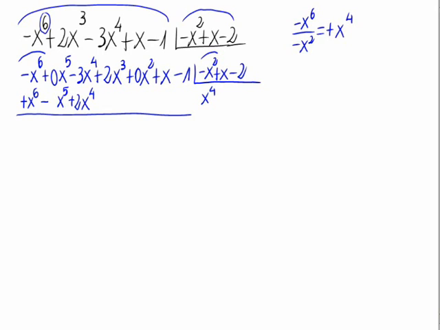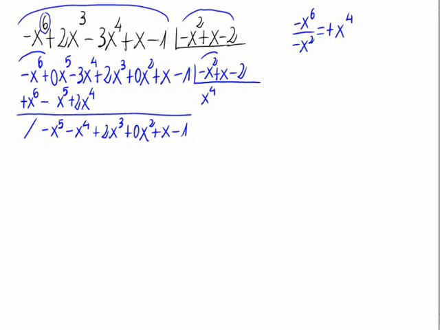Minus x to the 6th plus x to the 6th is 0. 0x to the 5th minus x to the 5th is minus x to the 5th. Minus 3x to the 4th plus 2x to the 4th would be minus x to the 4th. And now what we have to do is just copy the rest of the polynomial: 0x squared plus x minus 1.